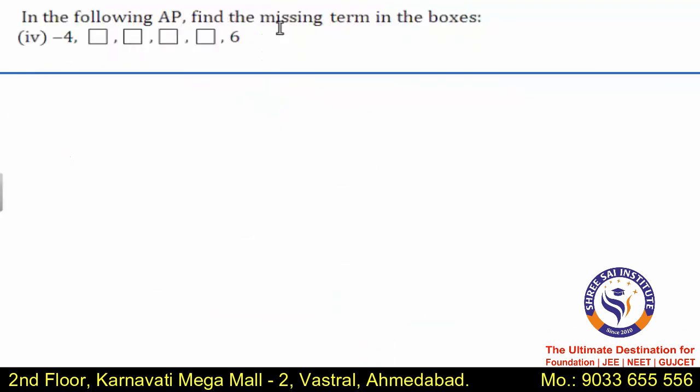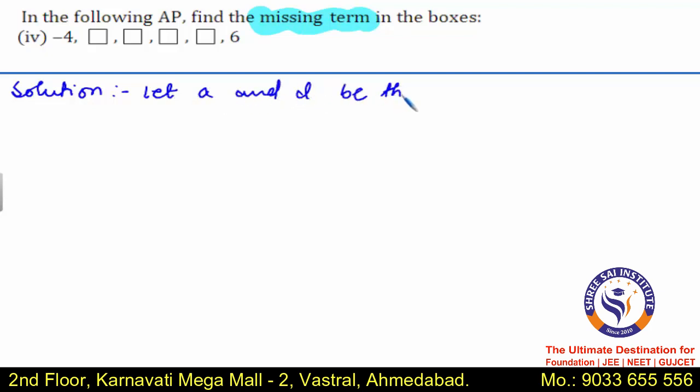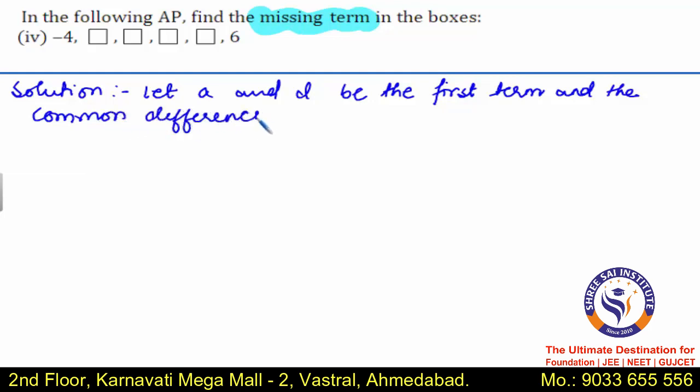In the following AP, find the missing terms in the boxes. Let's begin with the solution. Let A and D be the first term and the common difference for the given AP.